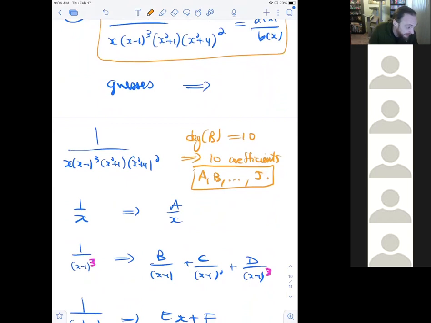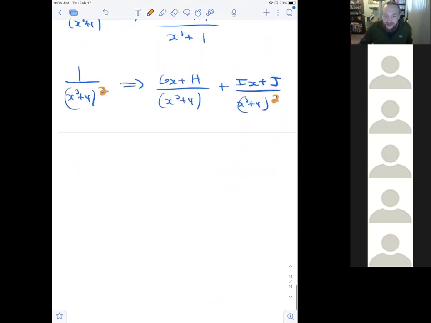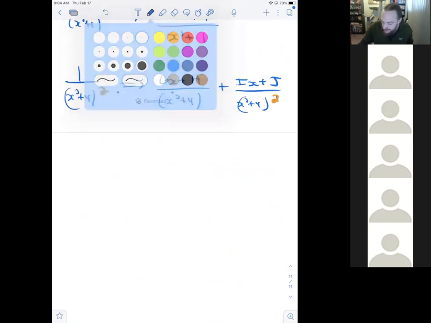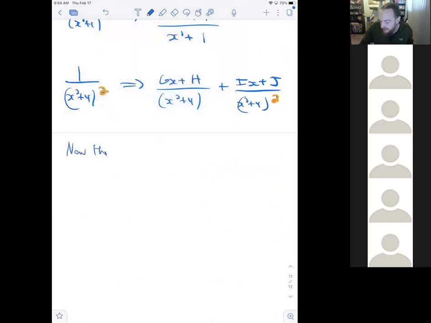Here are my step by steps. Once I've made sure it's rational, then I factor the denominator, then I make my guesses. Then what do we do with these guesses? Now that we have our partial fraction guesses, we have to find the unknowns.